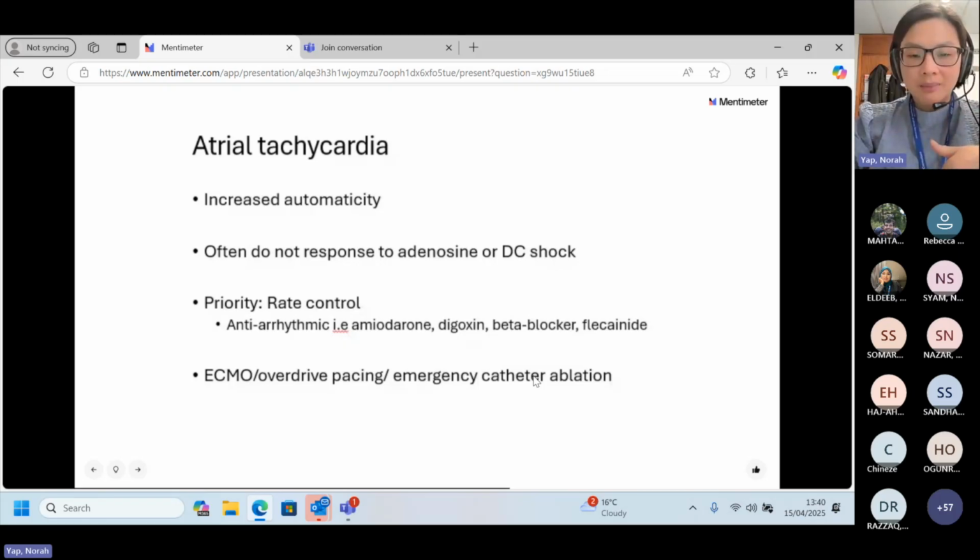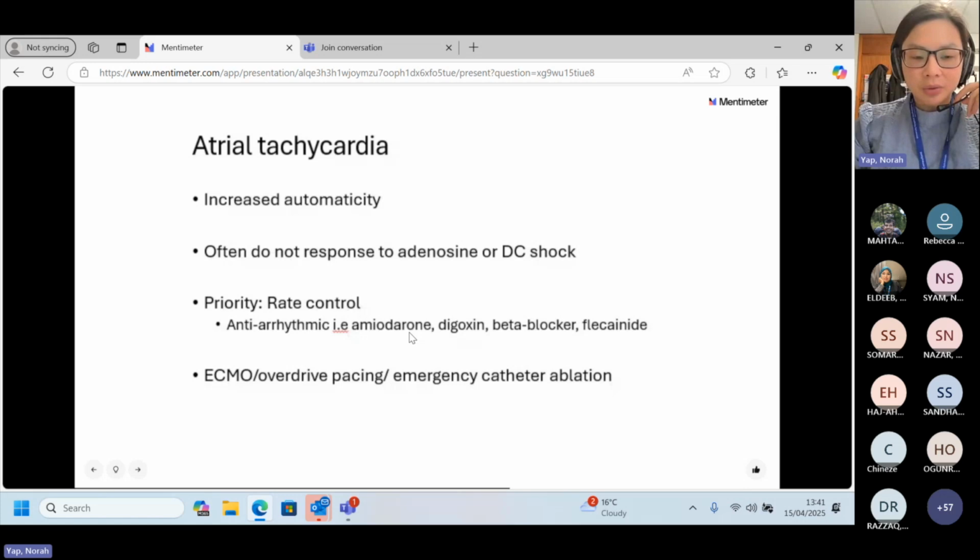You have to bear in mind that all of these antiarrhythmics are negative inotropes, so they reduce your cardiac contraction. And if the child has presented shut down, then your choice of antiarrhythmic is pretty limited. Of all of these, IV amiodarone is the safest. It has the least negative inotropic effect, but the effect is still there.